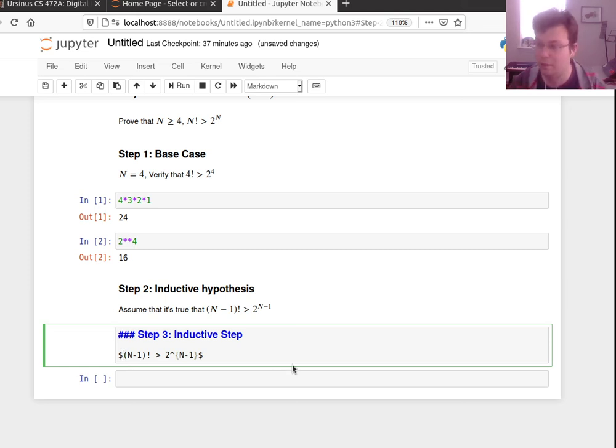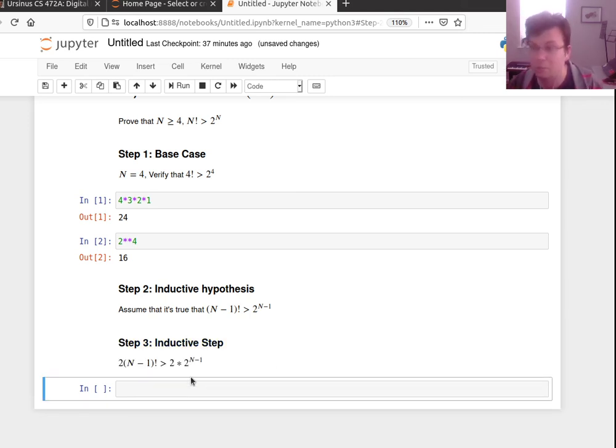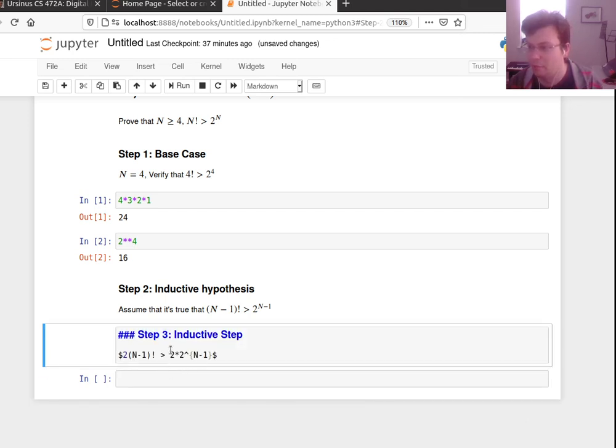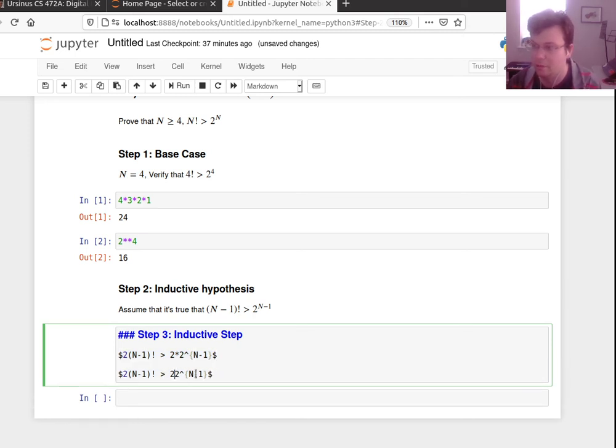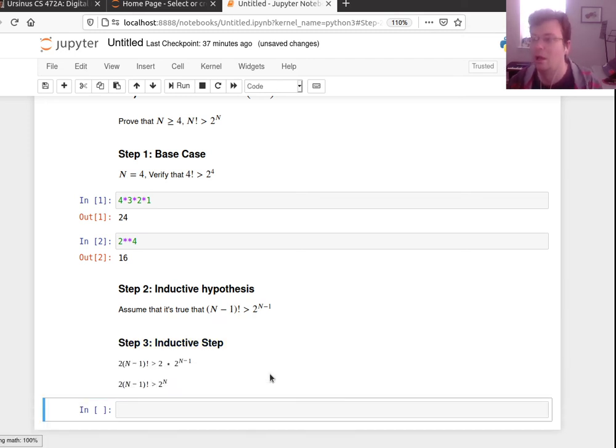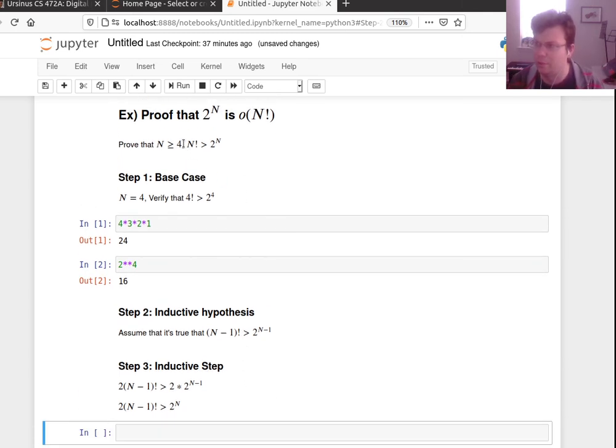Let's start with that. So this certainly doesn't change the inequality at all, right? I just multiply both sides by 2. Now I can actually change the right-hand side into 2 to the n, right? Okay, nice. So I'm getting there. The right-hand side is what I wanted in my proposition.